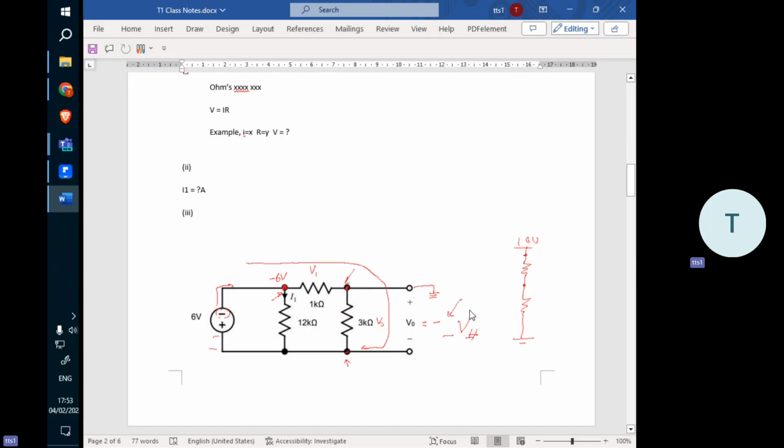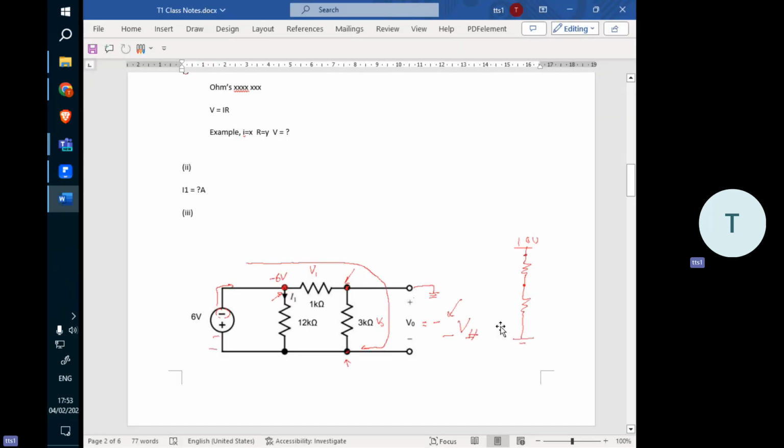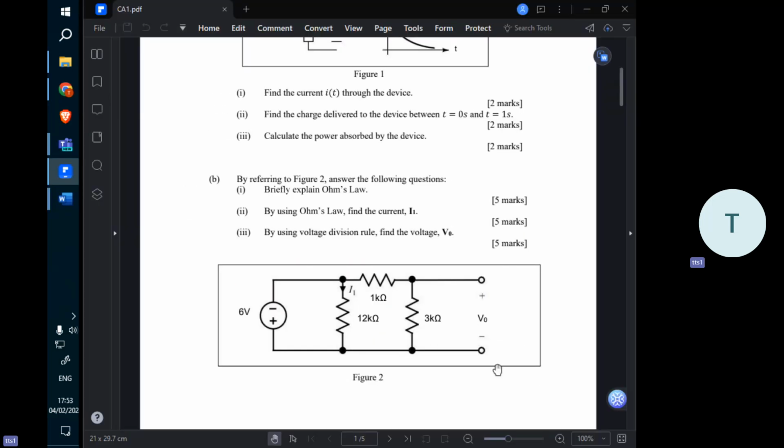Right, and then number 3, by using the voltage division rule, find the V out. What I can tell you is that the V out is actually the voltage across the 3 kilo ohm. Why do I say that? Because they are sharing the same nodes. This node and this node shared by the V out are exactly the same.